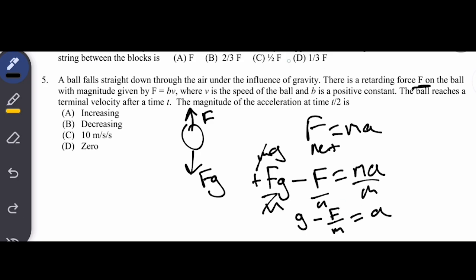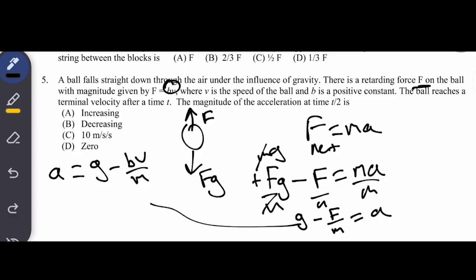This force is also equal to bv, so we can replace force with bv, giving us the relationship acceleration is equal to g minus bv divided by m.